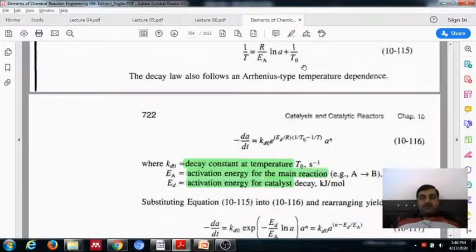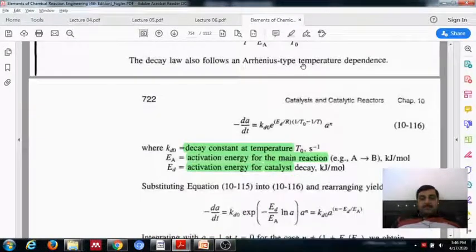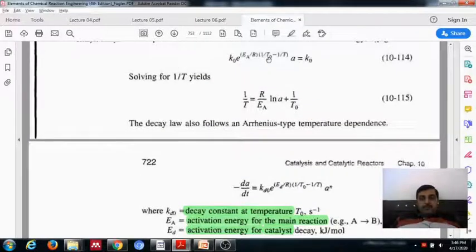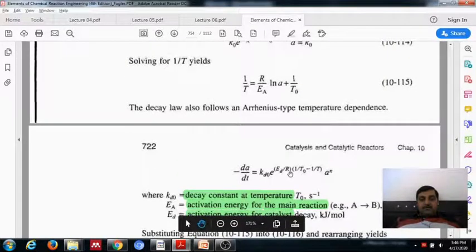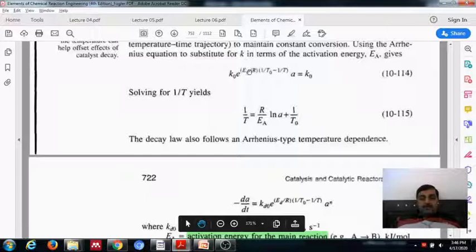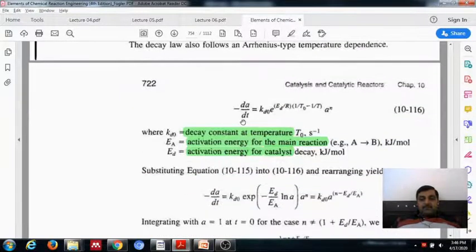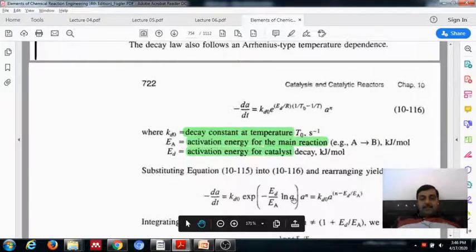Now if you carefully look at the term 1 by R into 1 by T0 minus 1 by T, what we are talking of, 1 upon T0 minus 1 by T into 1 by R, that becomes ln A upon EA.